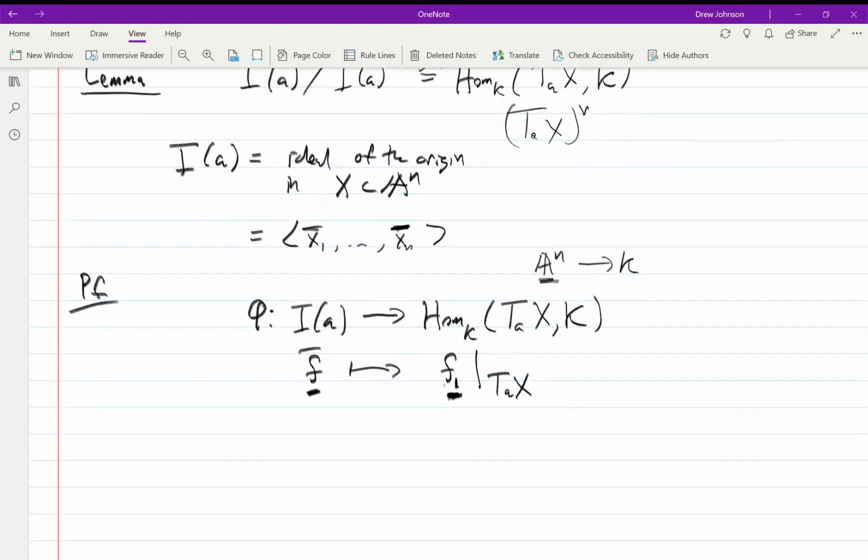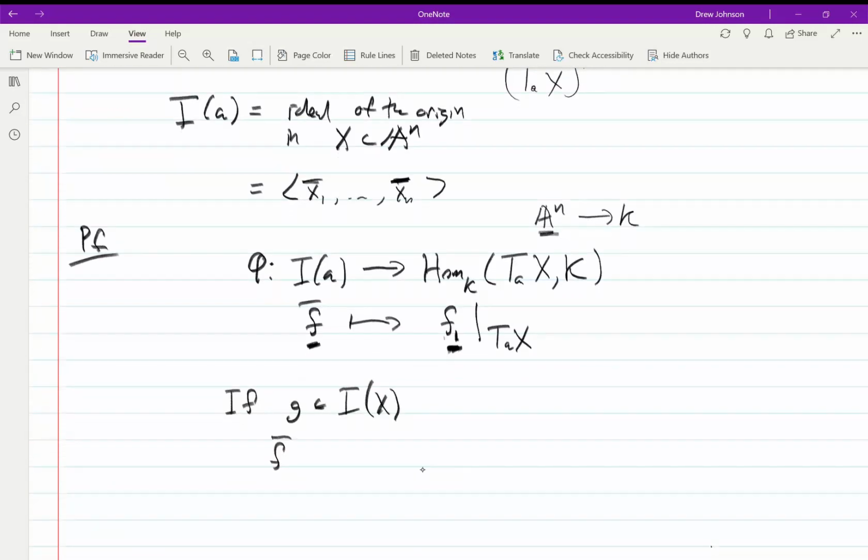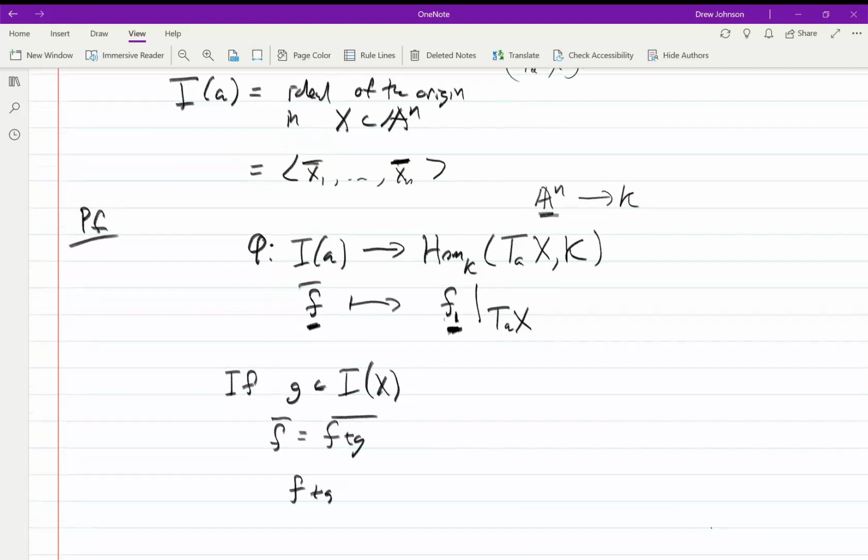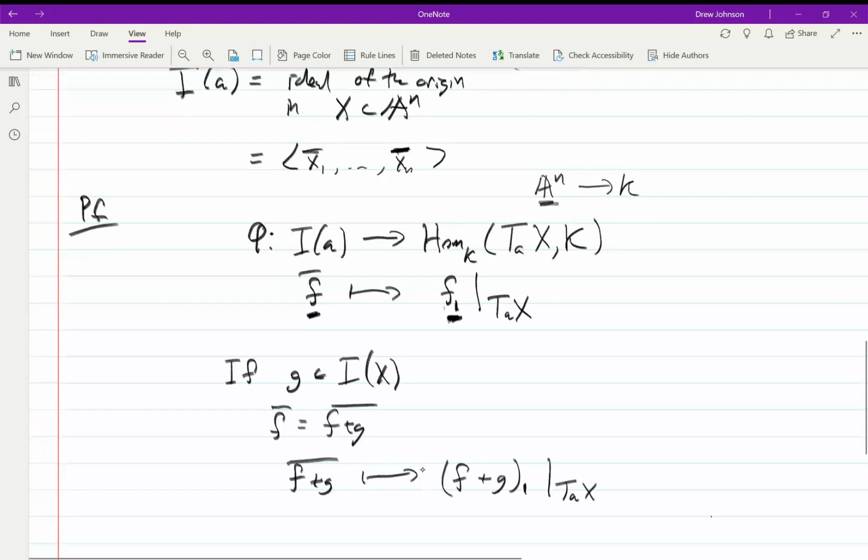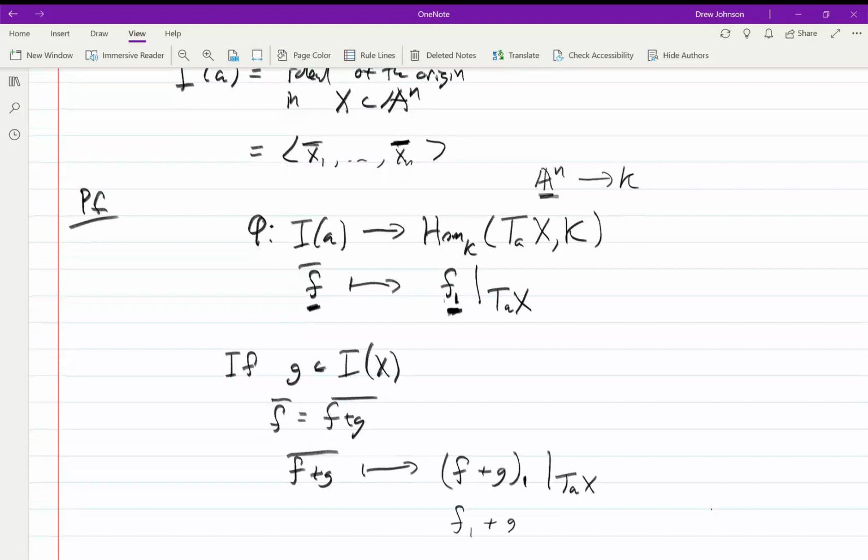Now the thing to worry about is whether this is well defined. So we should think about what happens if G is in the ideal of X, then you know that F bar is equal to F plus G bar, so we need to make sure those map to the same place. So F plus G bar would map to the linear term of F plus G, restricted to the tangent space of A. But the linear term of F plus G is the same as the linear term of F plus the linear term of G, restricted to the tangent space here.